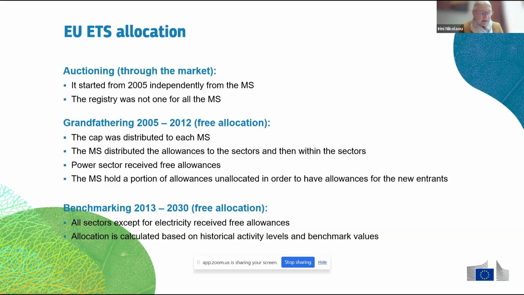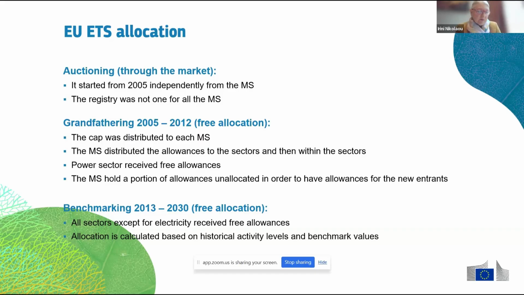Then each member state could distribute the total amount of allowances to the incumbent installations, the existing installations under the scope, or, and that was the wise thing to do, they should keep one part of the allowances to distribute for the new entrants. That means the installations that would enter the ETS later.